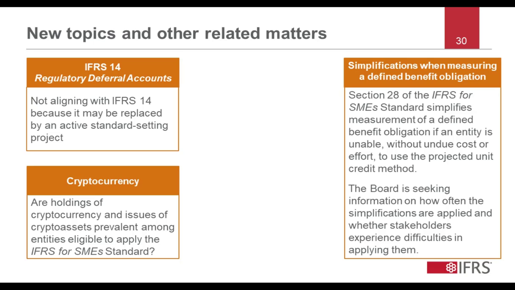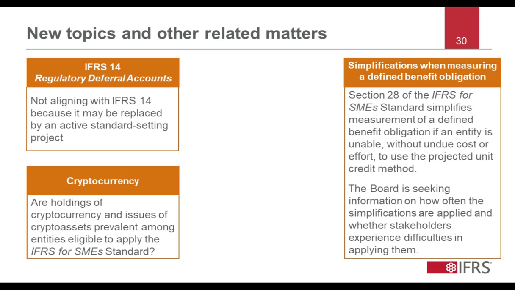And then the request for information is asking for a little bit of information about the application of defined benefit obligation simplification in Section 28 of the IFRS for SMEs. Section 28 includes some simplification about measurement of the defined benefit obligation, where you can use the simplification, and there is also some relief for undue cost or effort exemption.